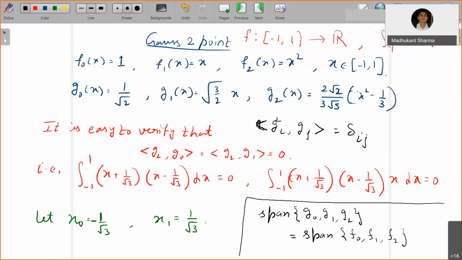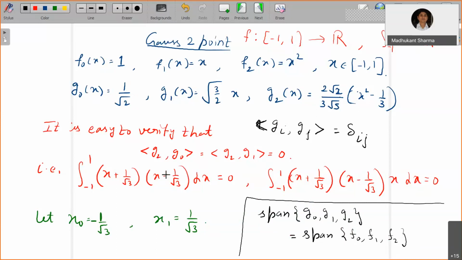So if g2 is orthogonal to x and orthogonal to the constant polynomial, then definitely g2 is orthogonal to all linear and constant polynomials. Because of this, these results hold true.